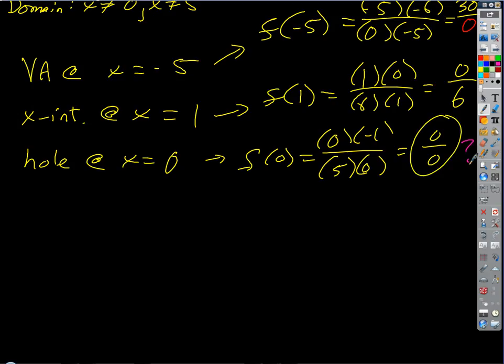I mean, that one's a little bizarre. In calculus, we'll talk a lot more about this, and that is what we call in calculus an indeterminate form. We don't know. We have to do more work to see. Okay? It could be lots of different things, but we don't know yet.